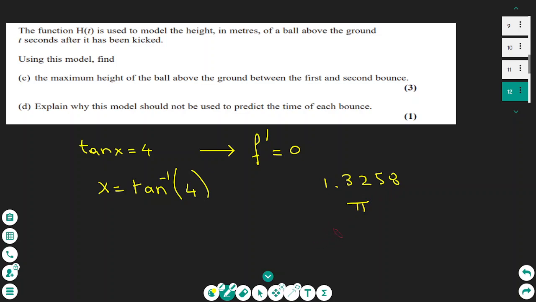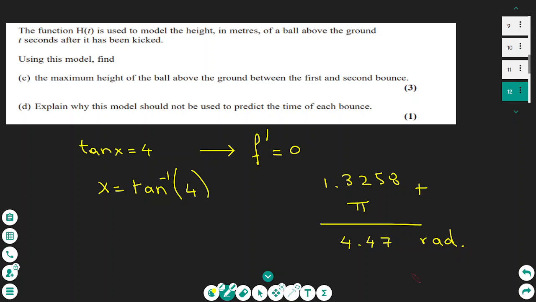We add these two values to find the second solution, which gives us 4.47 radians.